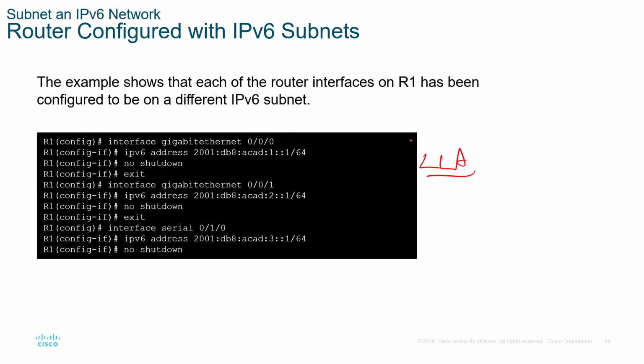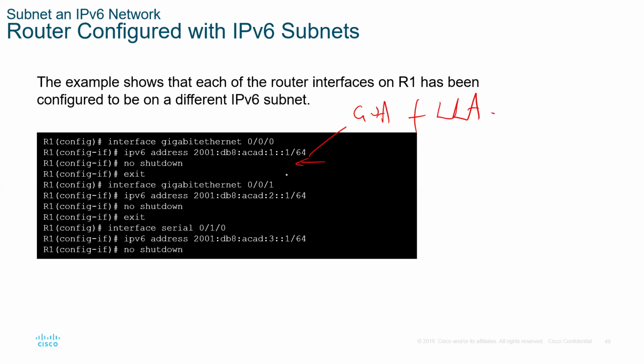They are leaving out the link local address, I hope they discuss it. But this is the GUA. Every interface, every host, has a GUA address and a link local address. So you also assign the link local address.